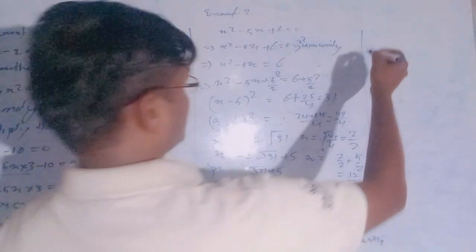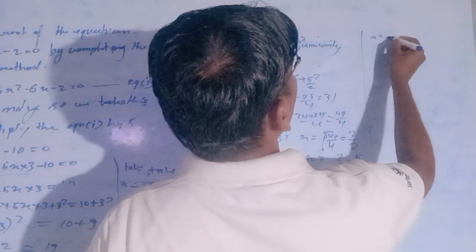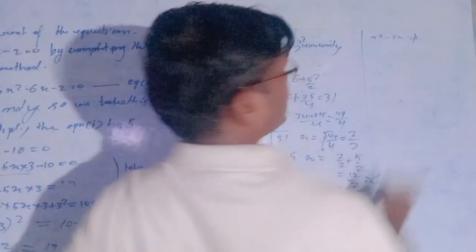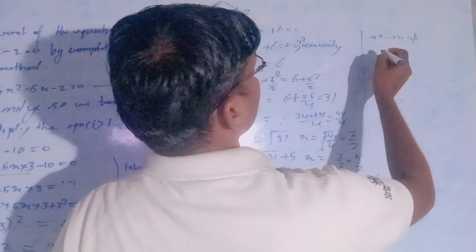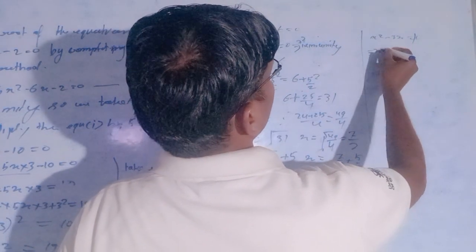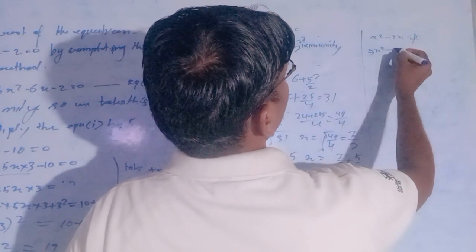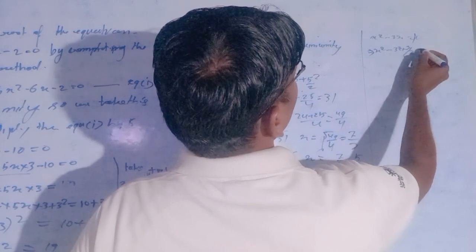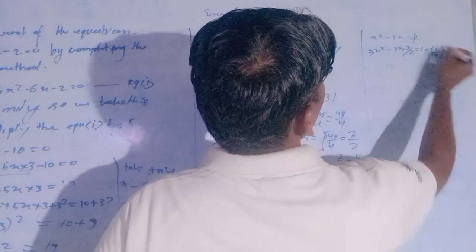So again, solve this equation: x square minus 3x is equal to 10. Next step, take half of the coefficient of x and add the square of it. So x square minus 3x plus (3 by 2) whole square is equal to 10 plus (3 by 2) whole square.